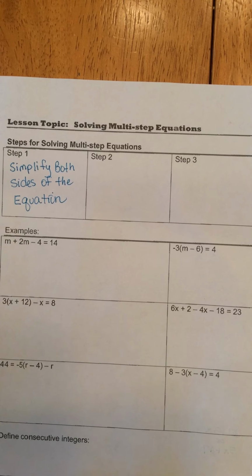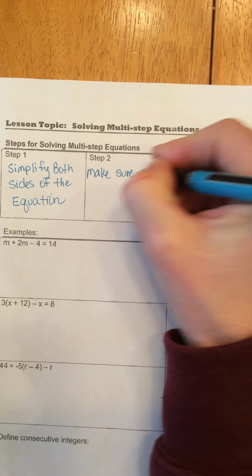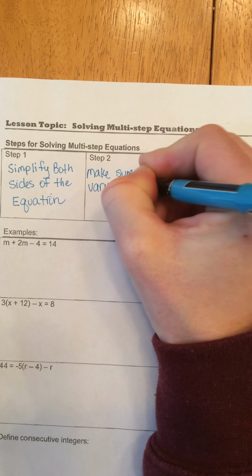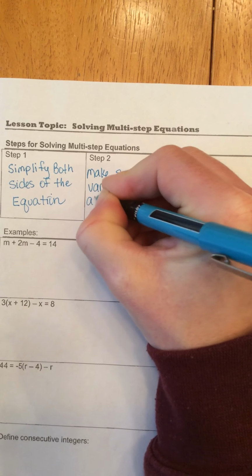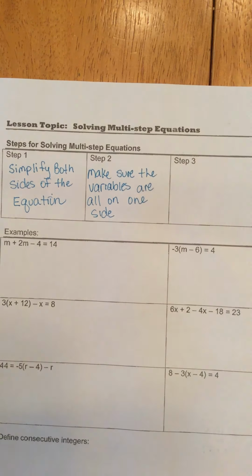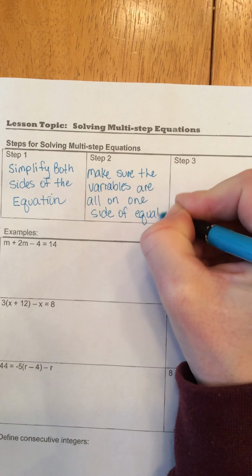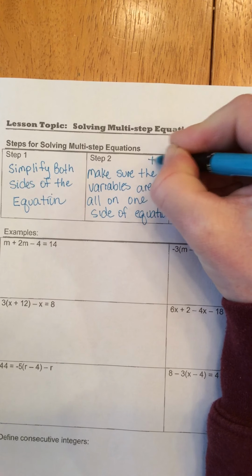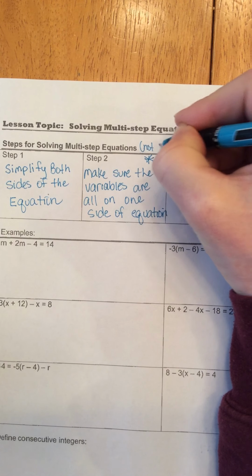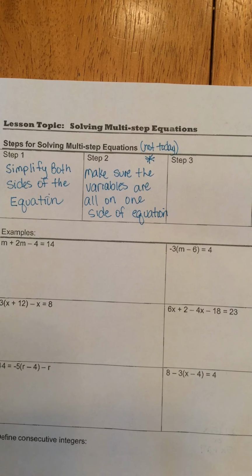But our step two is we're going to make sure the variables are all on one side of the equation. And so I'll put a little star by that because we're not going to be doing this today. All of our variables are already going to be on one side of the equation.